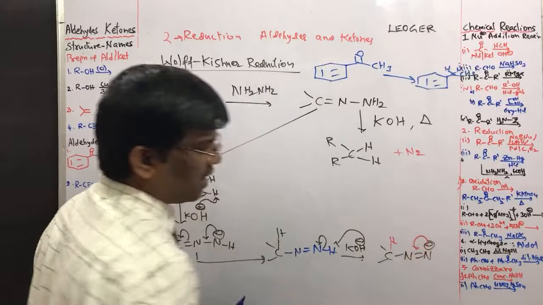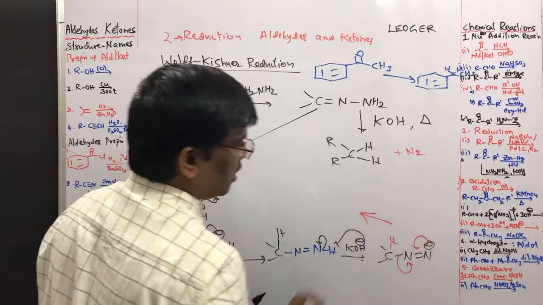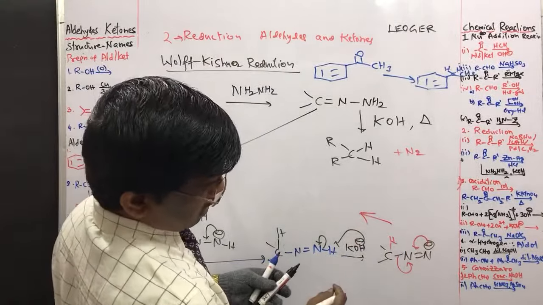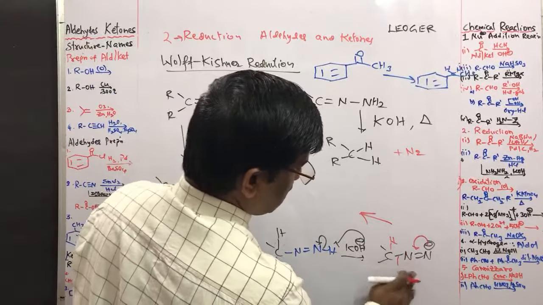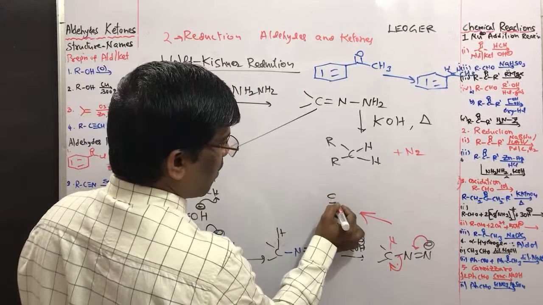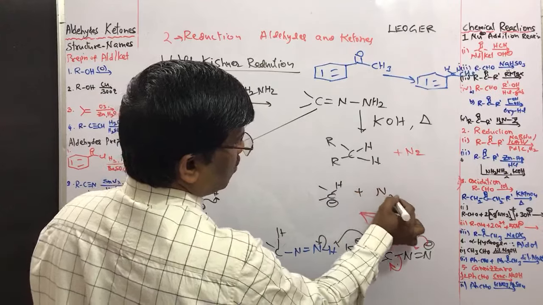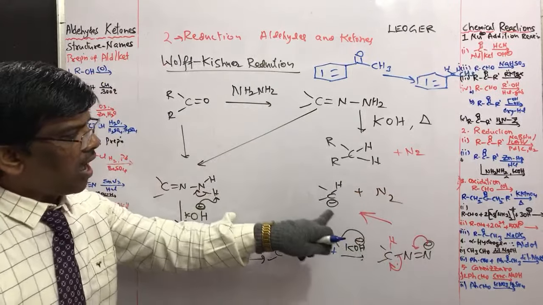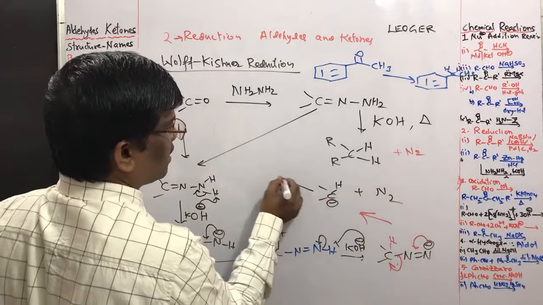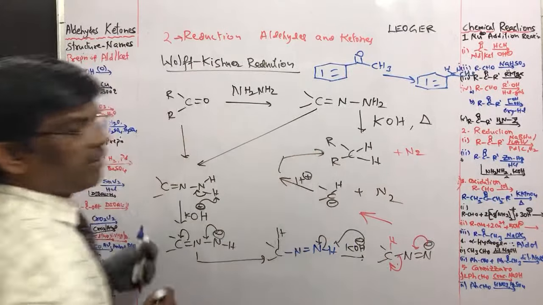When it comes here, this bond is taken up by the carbon to give a carbanion, and nitrogen goes out as N2. This carbanion takes up a proton from the reaction mixture to give the alkane.